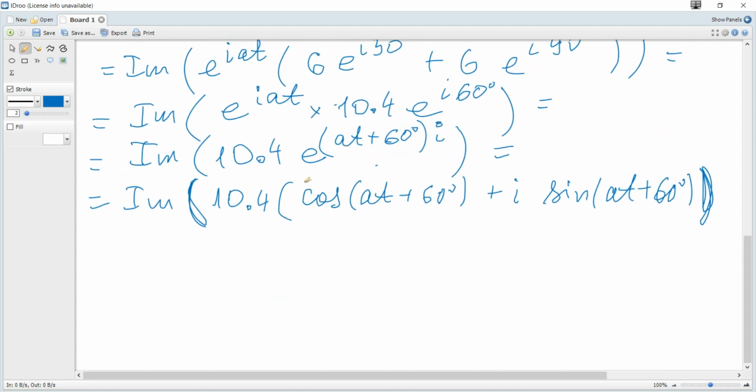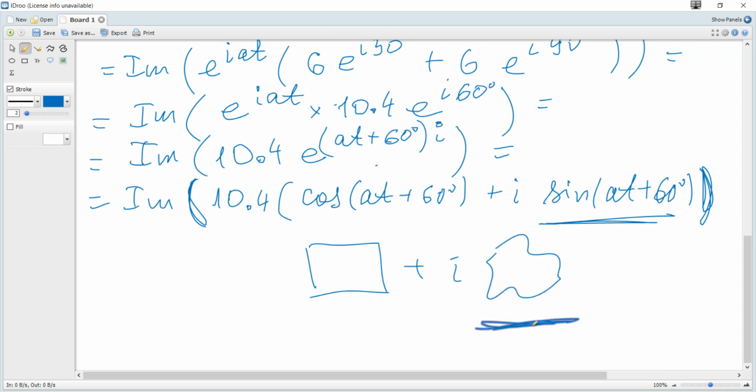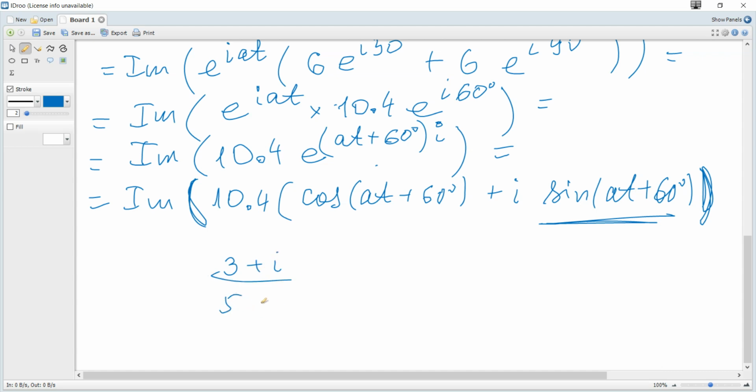Now we take the imaginary part. A complex number should be represented as something plus i something, and the second is called the imaginary part. This one is the real part. If a few i values arise, for example, if it looks like (3 plus i) divided by (5 minus 2i), you cannot say what is the real part and what is the imaginary part.